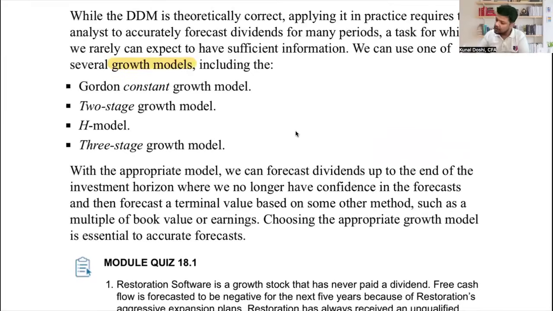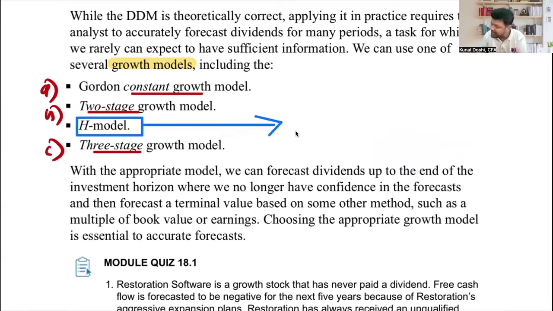Of these, the first and important growth model is Gordon's constant growth model. Then there are two-stage and three-stage, which we are aware of. But the important thing which is new for us in Level 2 is the H model. Correct? H model is where the transition won't happen immediately, but will happen over a period of time.